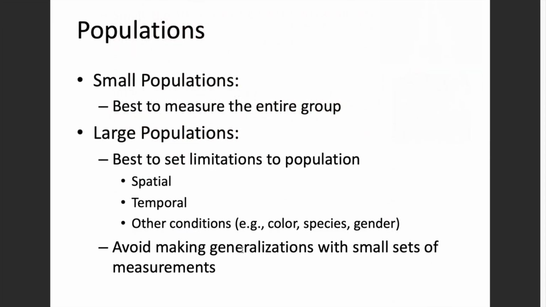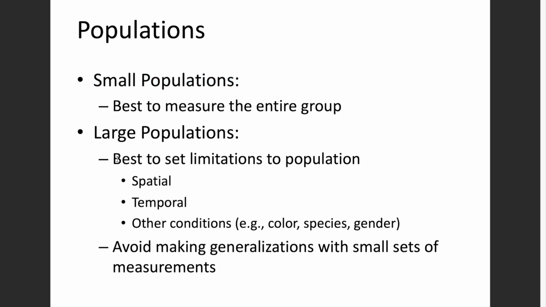Moving on. Populations. So there are large populations. Usually a large population is hard to study. It is best we set limitations to that, as compared to a small population, because we can easily get all the measurements from a small population size.